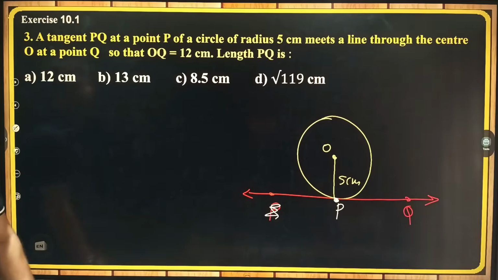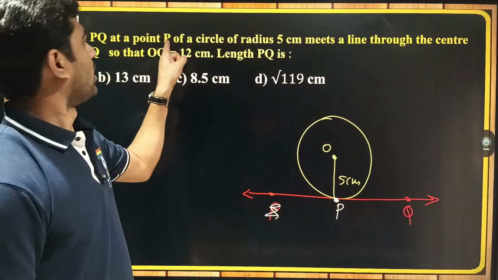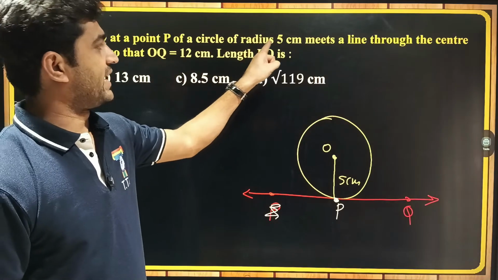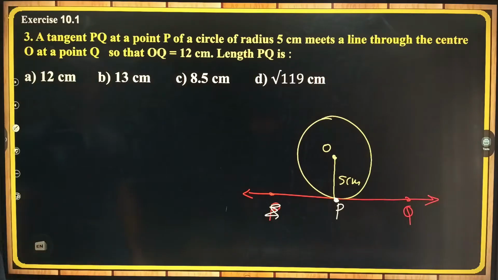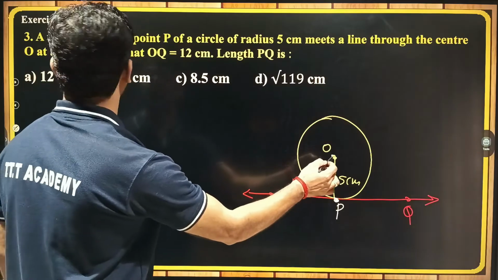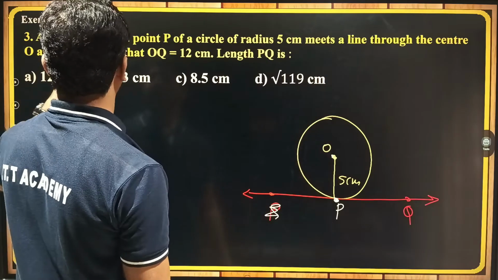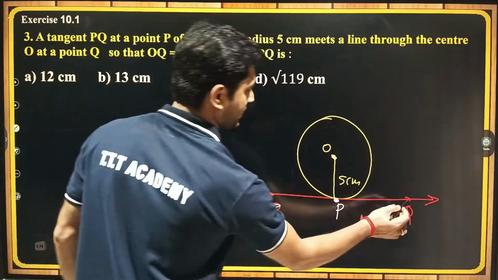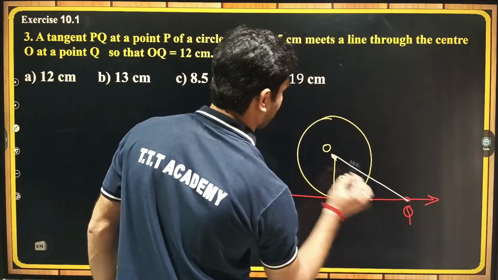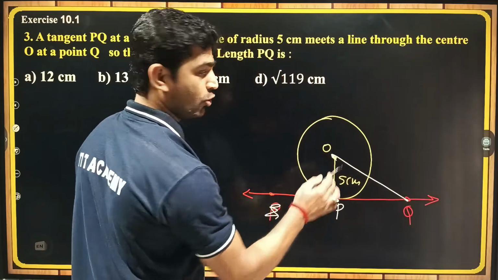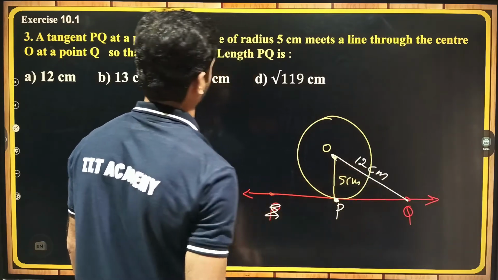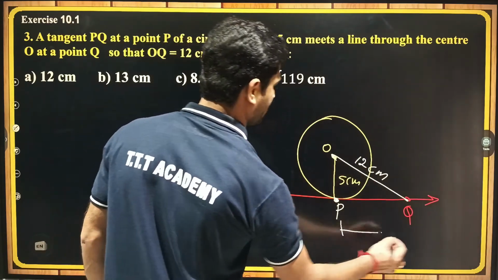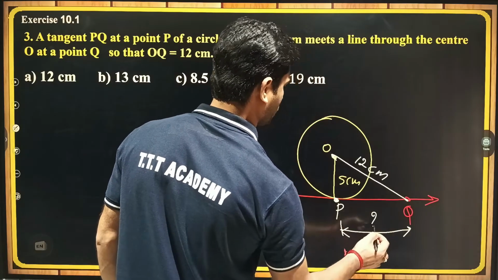So the tangent at P of a circle of radius 5 centimeter meets a line through the center O at a point Q. Joining these two, it is POQ. OQ is how much? 12 centimeter. And the length PQ, this we need to find. How to find this? This is the question mark.